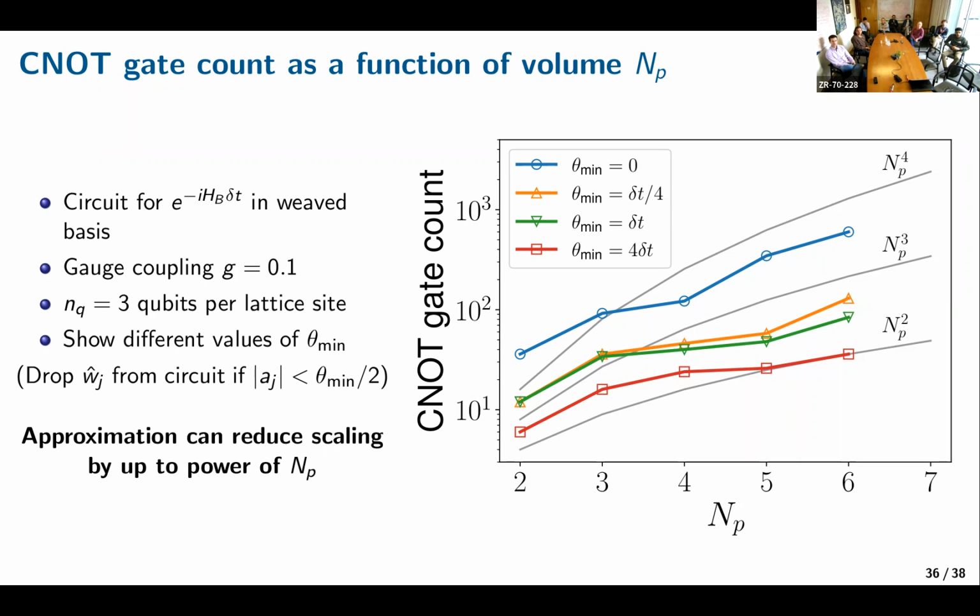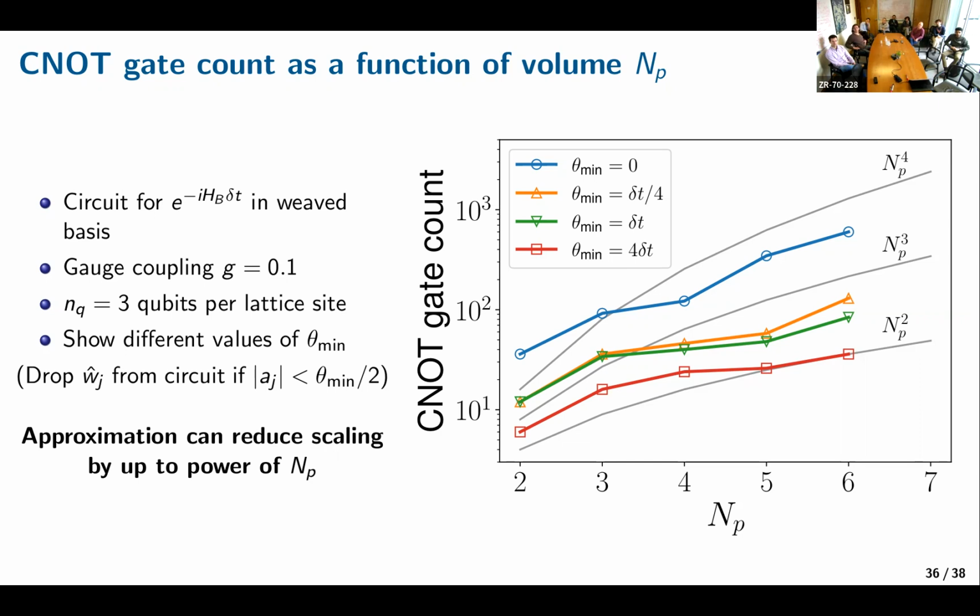As you go down here, we're dropping more and more gates because we've increased the minimum angle that we keep. For reference, these gray lines are just different polynomials of the volume. If we look at, for example, this blue line first, this is theta min equals 0, so we make the circuit exactly.